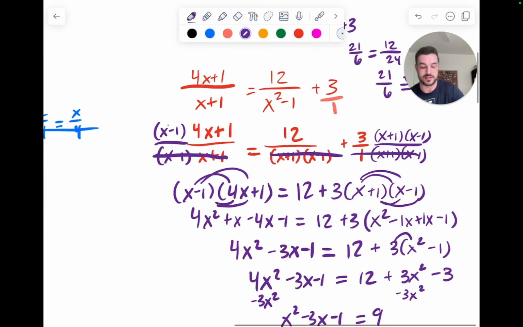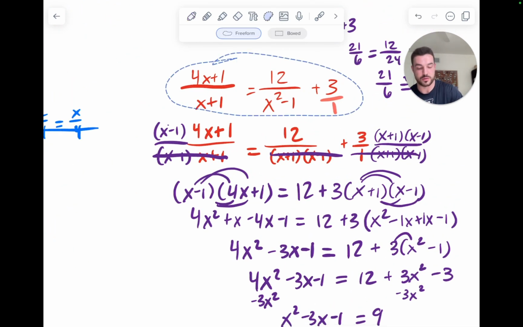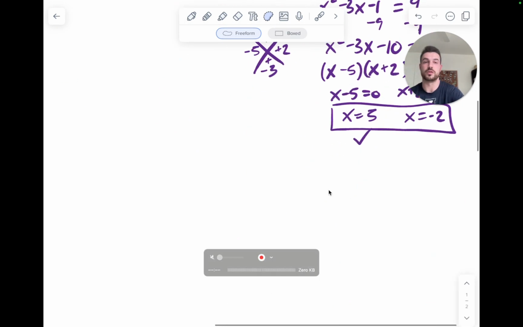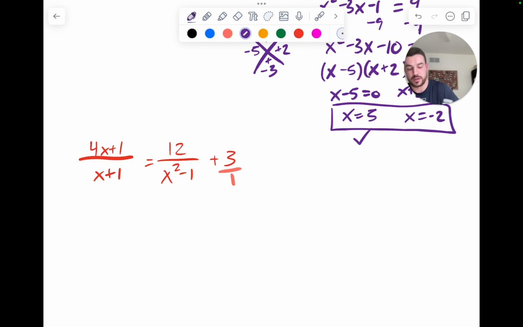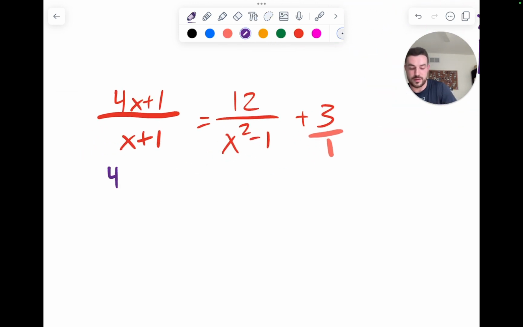What I'm going to do is, just to give myself a little bit more room, I'm going to copy this, and I'm going to paste it down here. And now I'm going to try the same thing, but with negative 2. So I will have 4 times a negative 2 plus 1 over negative 2 plus 1.